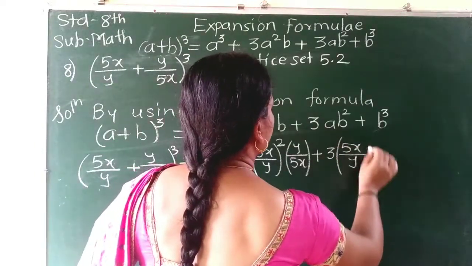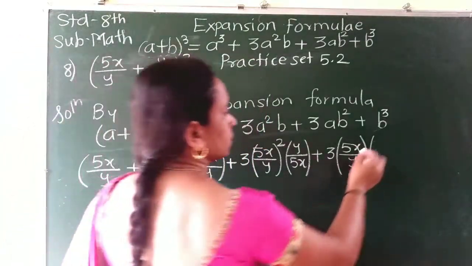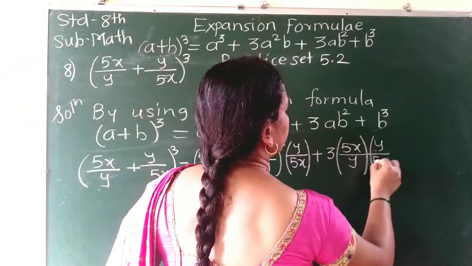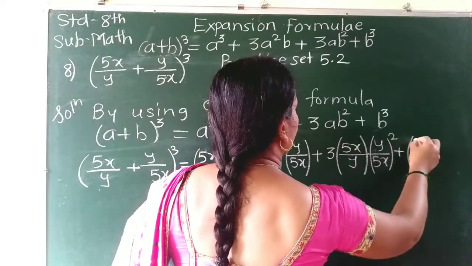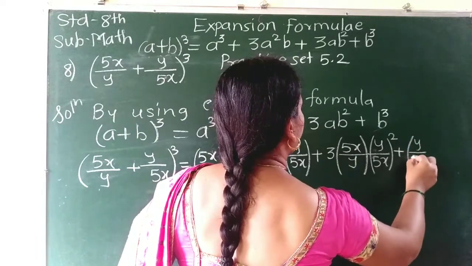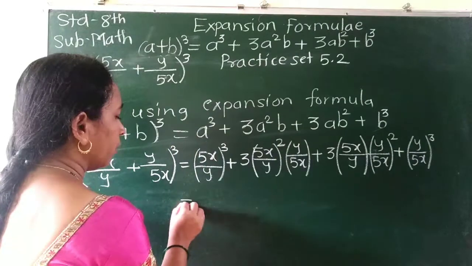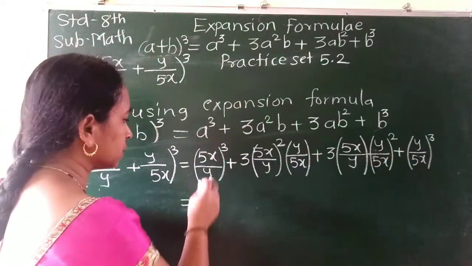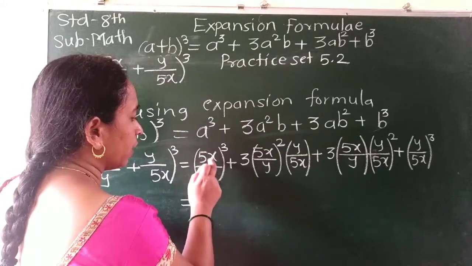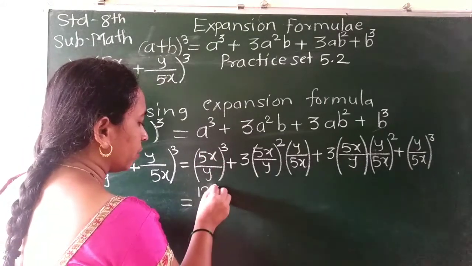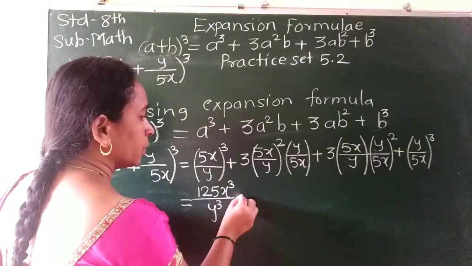plus b square (y/5x) bracket square plus b cube (y/5x) bracket cube. Now we'll make the squares and cubes of the terms. So cube of 5x also and y also. 5's cube would be 125 x cube upon y cube plus.